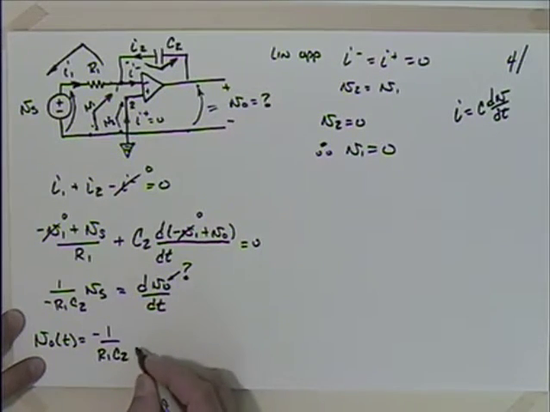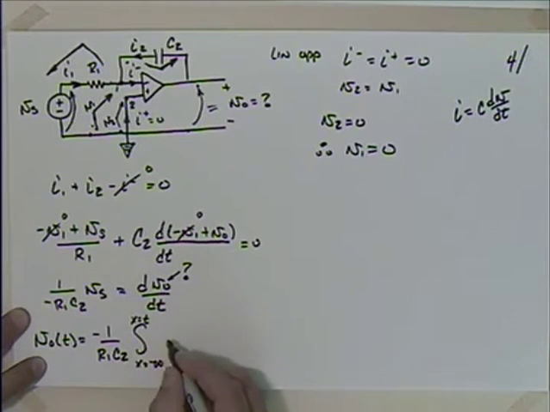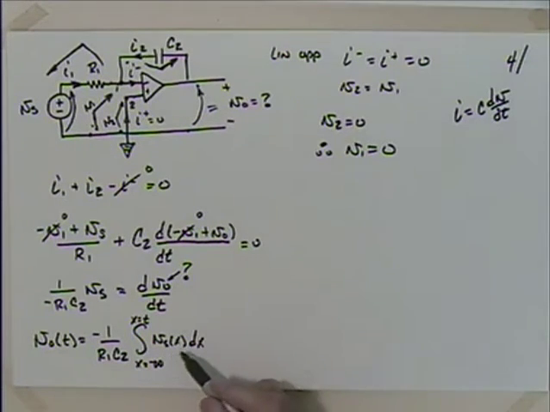We're going to assume that those are constants, times the integral from x equals minus infinity to x equals t of Vs of x dx. And a lot of times they'll just say V of t dt, depending on how you want to think about that.